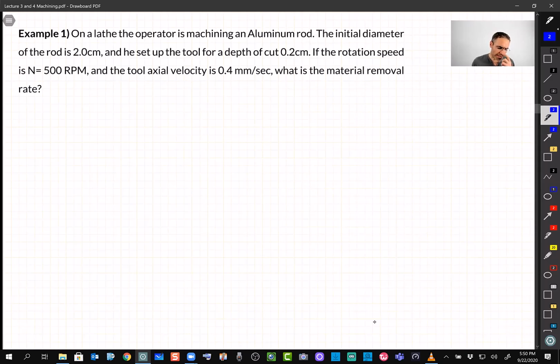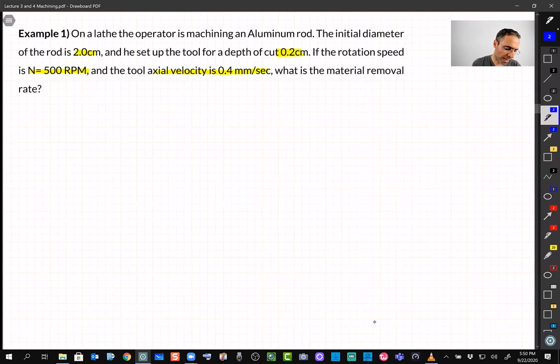So we have a lathe operating, all right, and we're cutting aluminum. So that's the question. It says the initial diameter is 2 centimeters, all right? And the depth of cut is 0.2, our RPM is 500 RPM, and our axial velocity is 0.4 millimeter per second, all right?